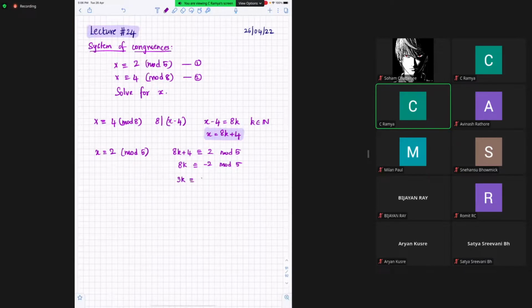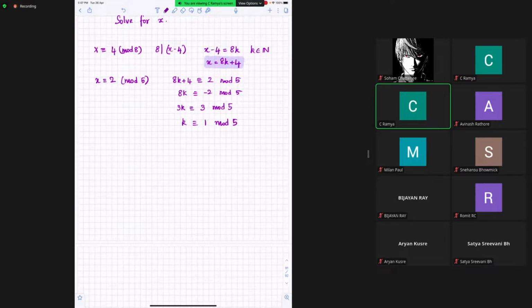So we get that 3k is congruent to 3 mod 5. Now I know that k is congruent to 1 mod 5. I can cancel 3 because they are co-prime. In other words, the multiplicative inverse of 3 modulo 5 is 1. That's another way to see it. So I know that k is congruent to 1 mod 5. This is what I get by substitution.